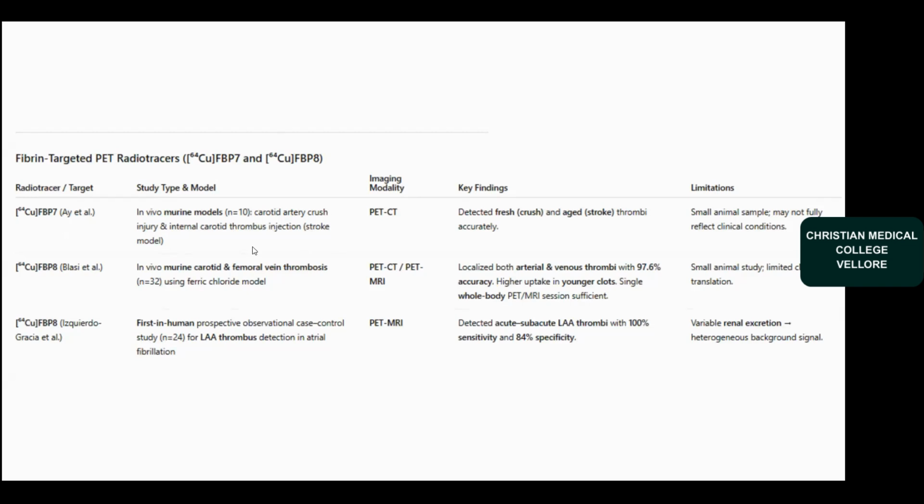They detected fresh and aged thrombi accurately. This was the first animal study that was done, and there were other studies as well. This one was in left atrial appendage thrombus detection in patients with atrial fibrillation.